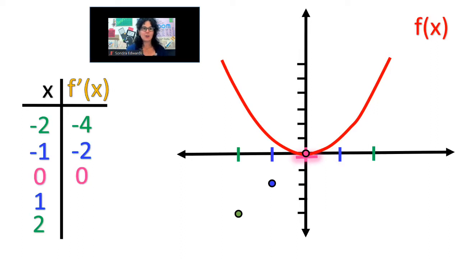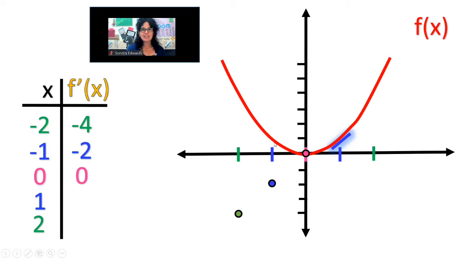Then I want to evaluate f prime at 1. Well, f prime of 1, I go over here to 1 and I think, what is the slope? Now, it is an estimate, but we just called the estimate over there, the slope of that one, -2.